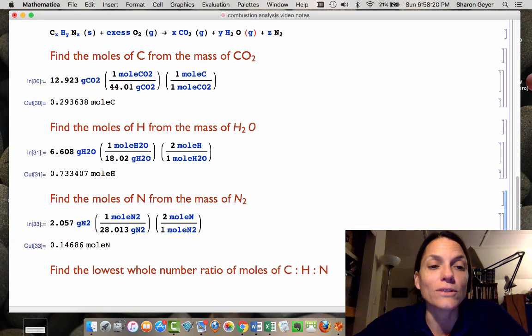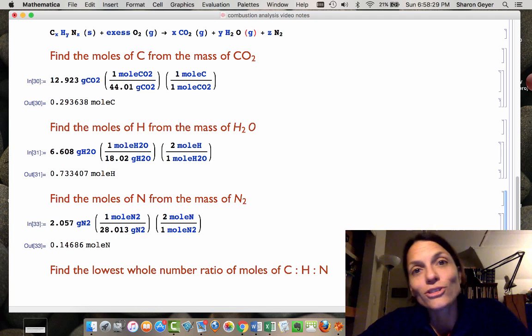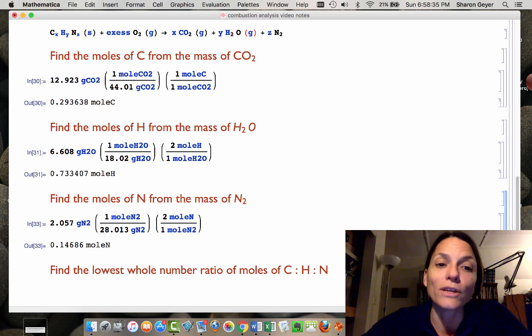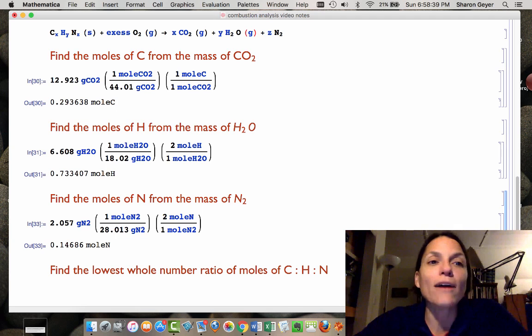This is where it gets a little confusing, because nitrogen in the chemical equation is the element nitrogen, which is diatomic. There are 2 nitrogen atoms for every 1 nitrogen molecule, so we have to multiply the moles of nitrogen by 2. I put that step in there as well. So now we have moles of carbon, moles of hydrogen, and moles of nitrogen.